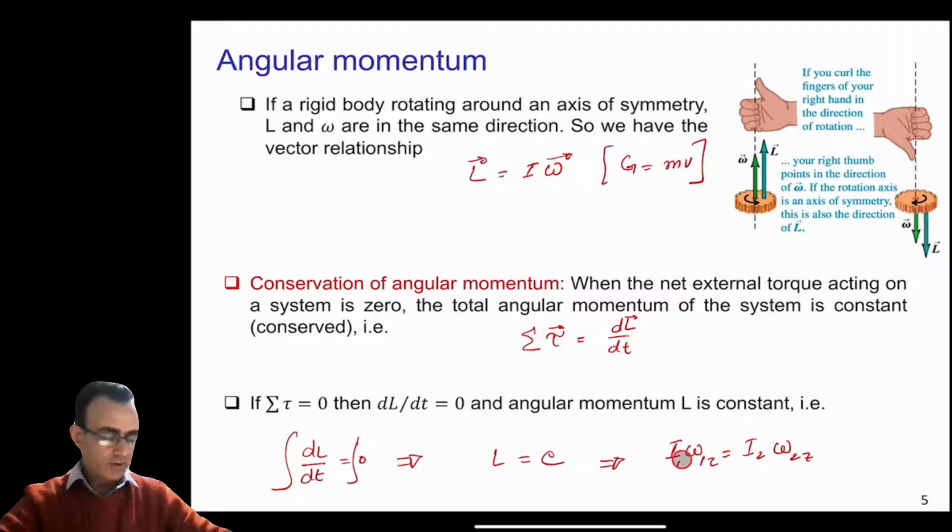So I1 omega 1z is equal to I2 omega 2z. This is the conservation of angular momentum.